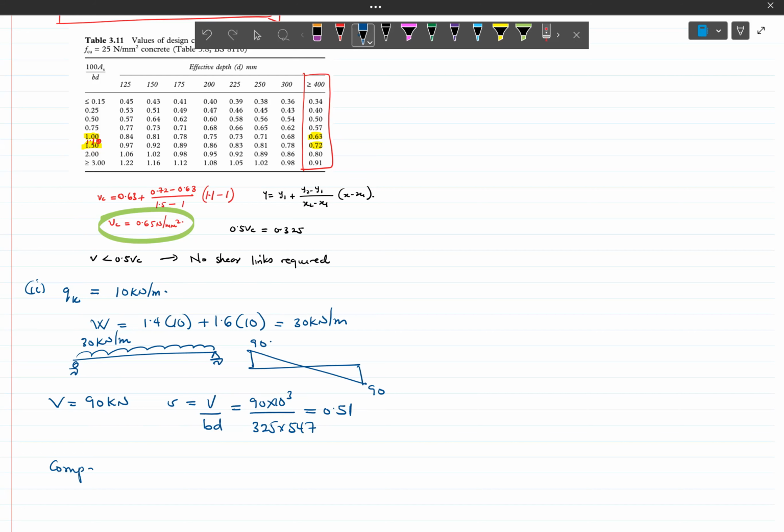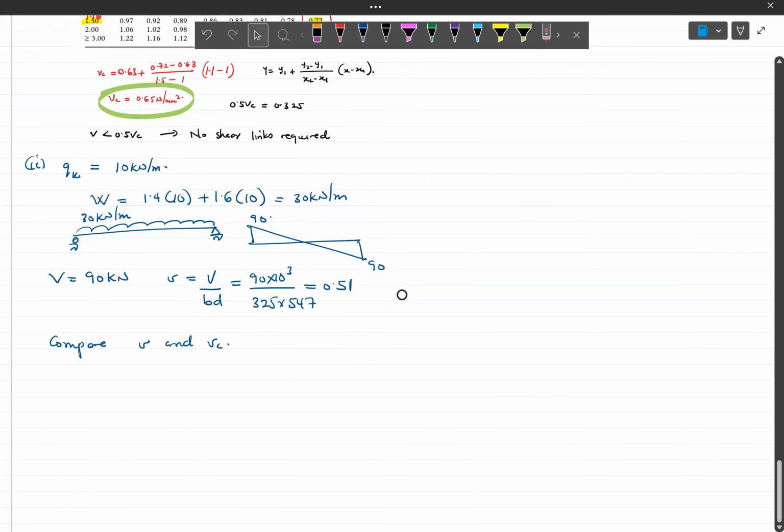All right. So again, we compare v and VC. So let's see where v lies. From here, our v is more than 0.5 VC. And v is less than VC plus 0.4.